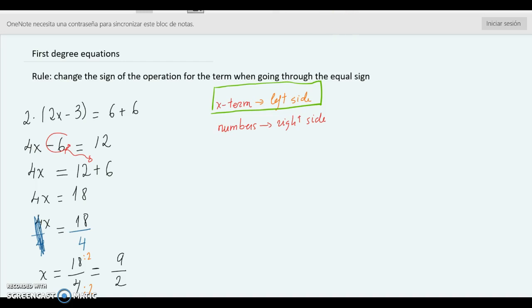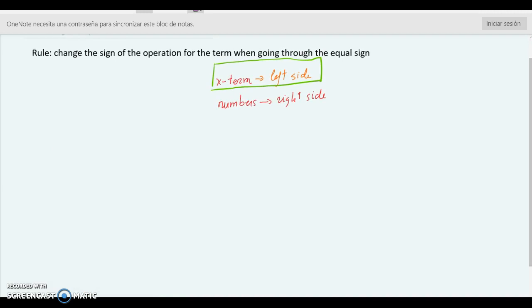Let's see now how to operate with fractions. Let's write (x minus 1) over 6 minus (x minus 3) over 2 equals minus 1. To find the solution of this equation, I have to remove the fractions.